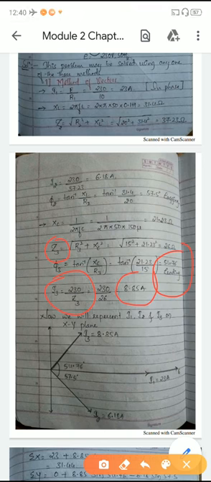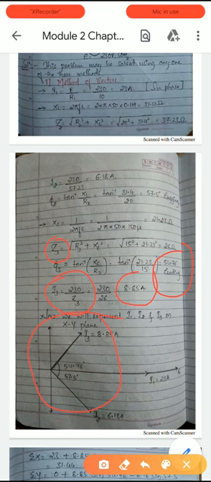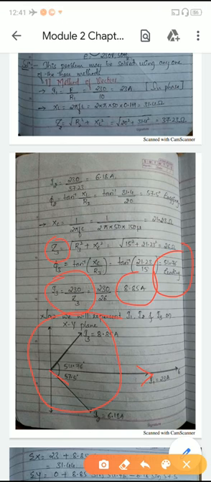Now we can represent this using a vector, right? Vector 1, which is current I1, consists of only a resistor, hence I1 will always be in phase with voltage because it is a pure resistive circuit. Second one is I2, which consists of inductance, hence it will be lagging by an angle of 57.5.